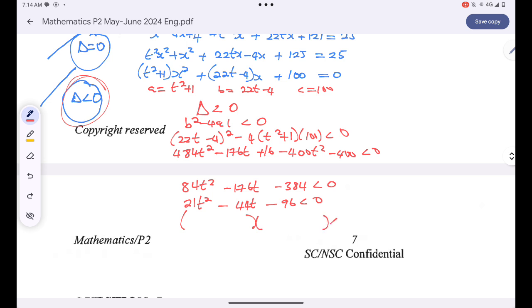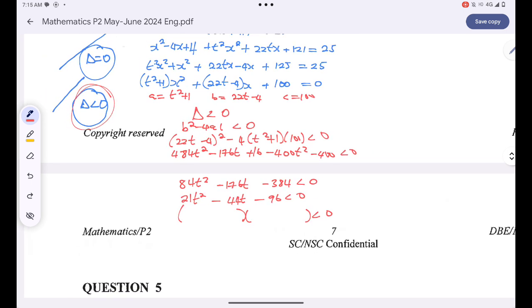Let me not stress myself. Let me just go and use the quadratic formula for me to find the factors. Negative minus a negative 44 plus the square root of b squared minus 4AC over 2A.